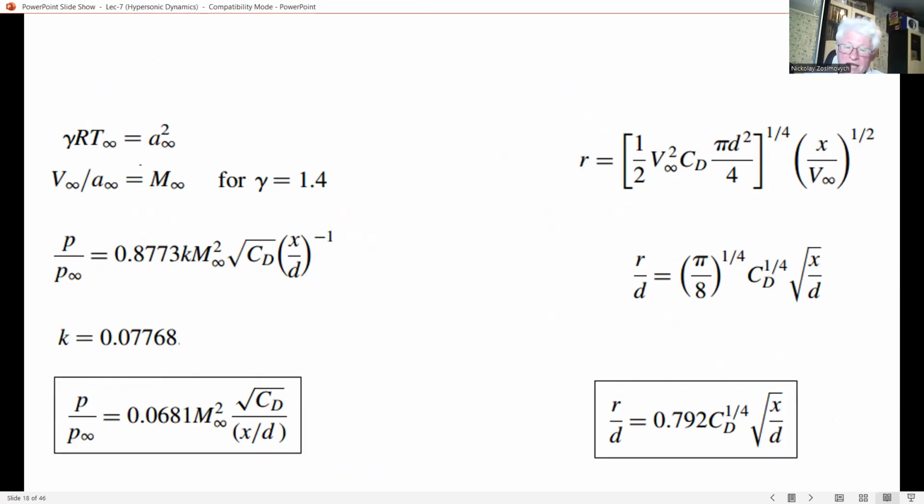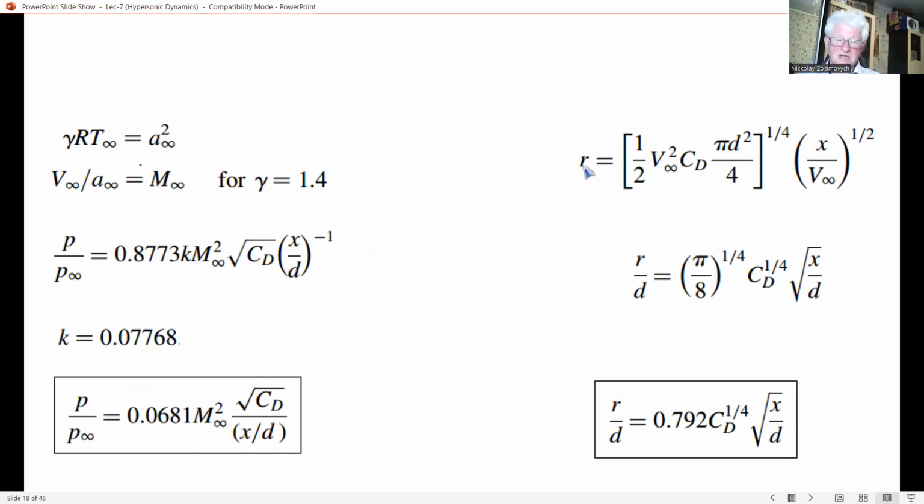So for the blunt cylinder we get p over p infinity equals coefficient K, the exact solution, times M infinity squared times, in the numerator, the square root of CD, and in the denominator x over D. Inserting this equation into the previous slide, we have the expression for the right side.